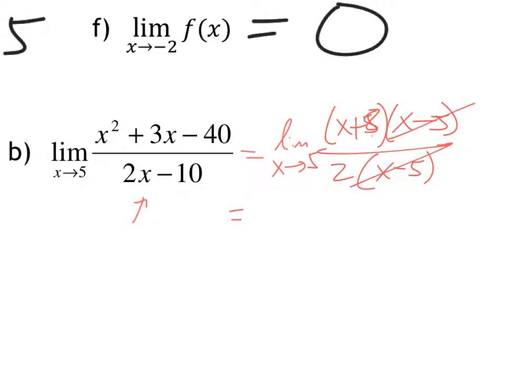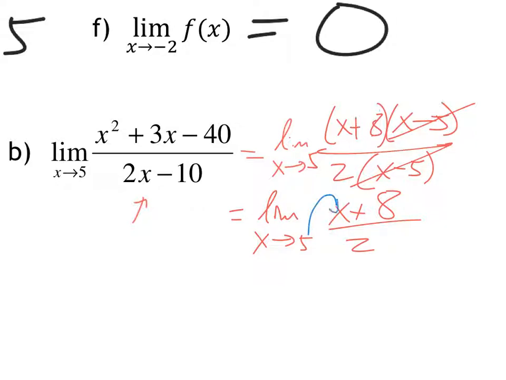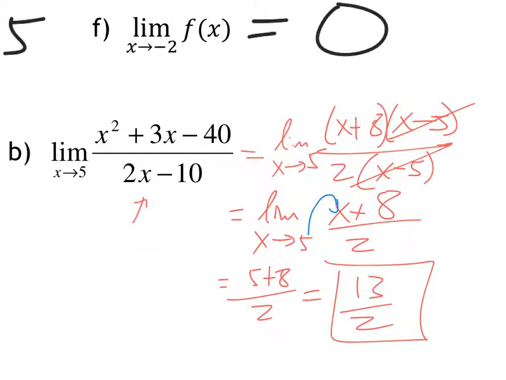And so we get the limit as x goes to 5 of x plus 8 all over 2. And let's fix that. Now we can plug 5 in. That's not a problem. So plug in 5, and we get 5 plus 8 over 2, that's 13/2. Okay.